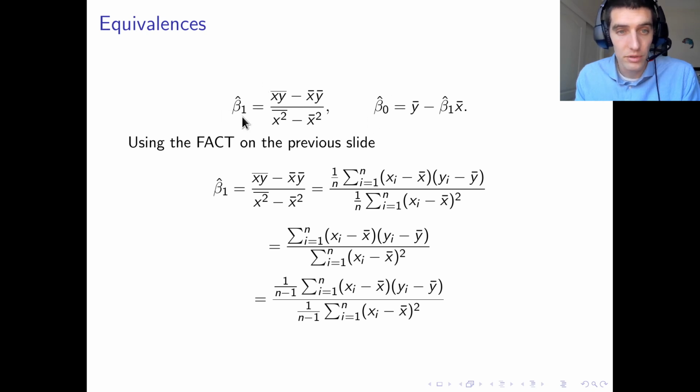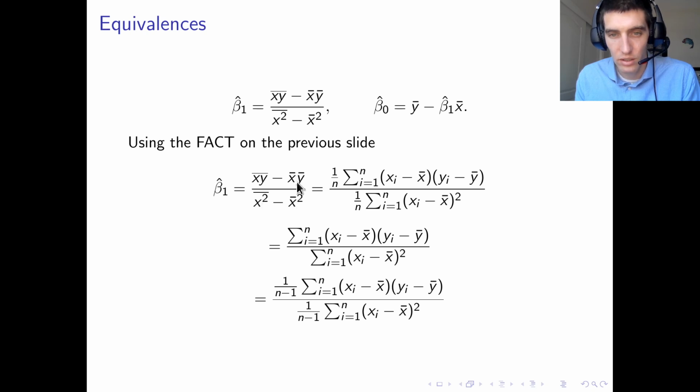Okay. So using the fact, and this again is our estimates of the slope and the intercept, we'll rewrite the slope term as this product here. This is xi minus x bar, yi minus y bar over, and here I'm applying the same property, but just for y equals x. So this is the same as this, but where y equals x.